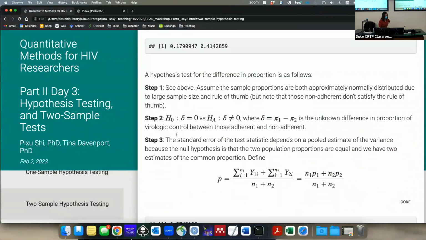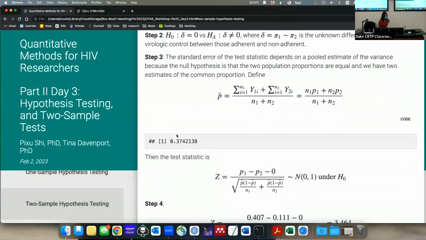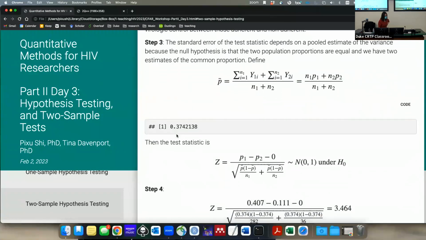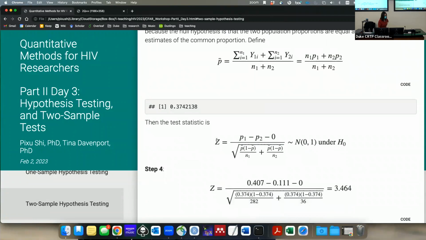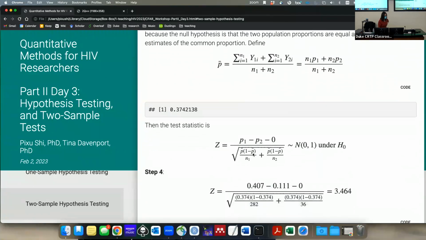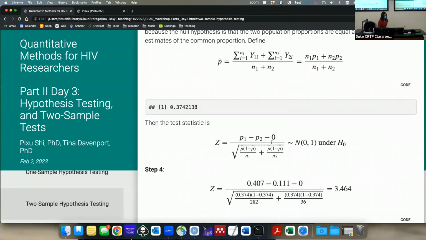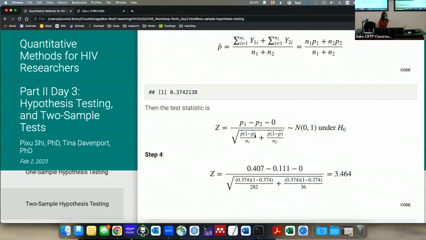So the steps, I think it's getting a little tedious to go through every one of them. So let's just focus on the shape of the test. In the numerator, you have the difference of the two groups' proportions. In the denominator, these are just quantification of the variance of the mean.